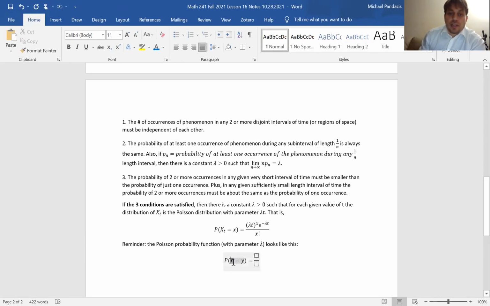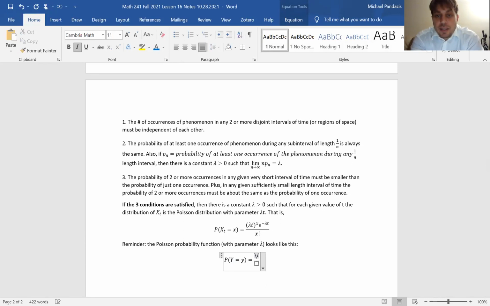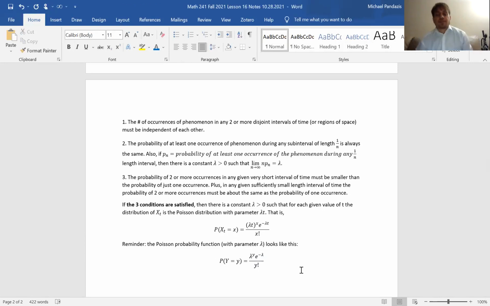So the probability that your Poisson random variable is equal to this number, little y, where it has parameter lambda, would be lambda to the y, e to the negative lambda divided by y factorial.